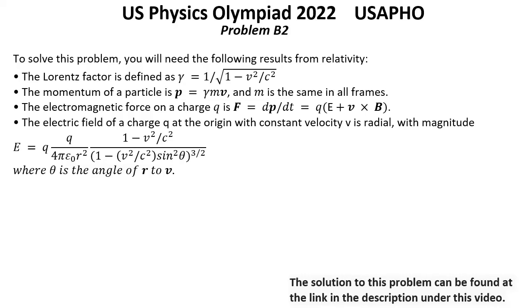The momentum of a particle is p equals gamma m v, and m is the same in all frames. The electromagnetic force on the charge q is F equals dp over dt equals q multiplied by E plus v cross product B. The electric field of a charge q at the origin with a constant velocity v is radial with the magnitude E equal to this expression, where theta is the angle of r to v.